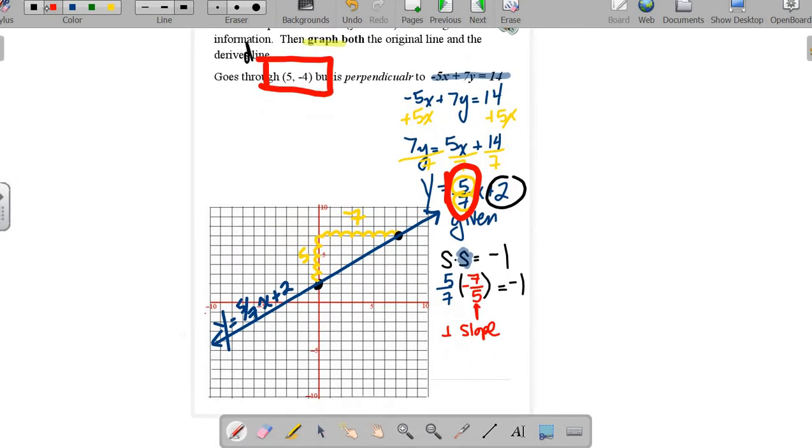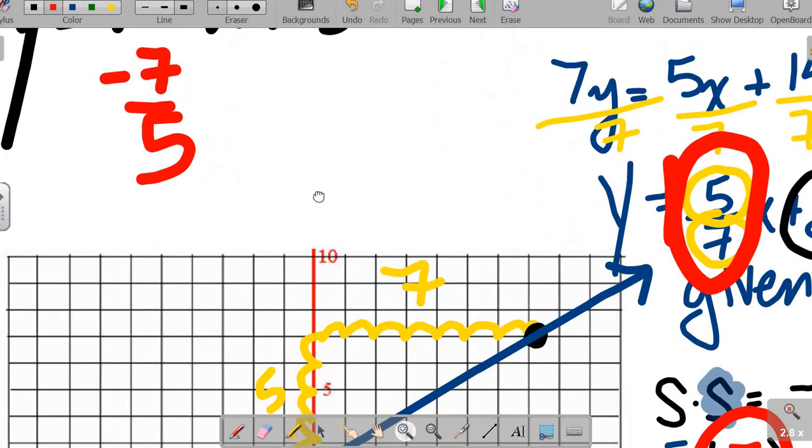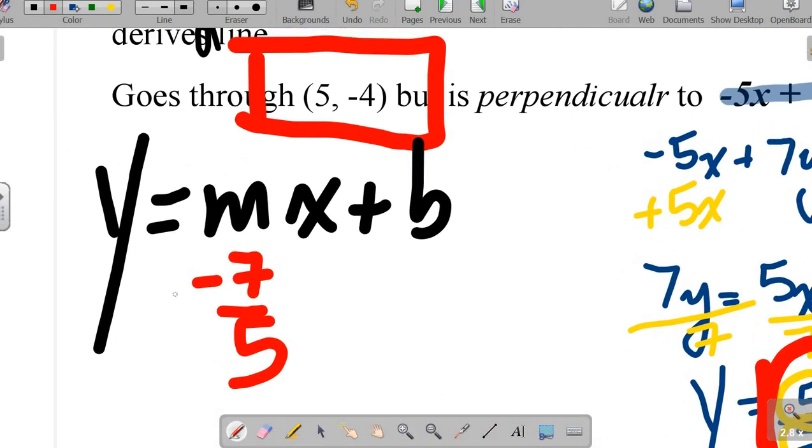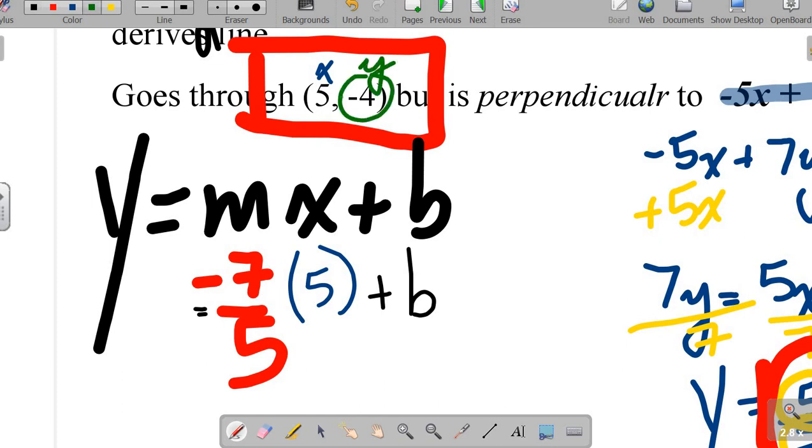So we want an equation of a line, so we start with y equals mx plus b. Step 1, we want our perpendicular slope right here, -7/5. And then we come here, our x is going to be 5, and our y is going to be -4.